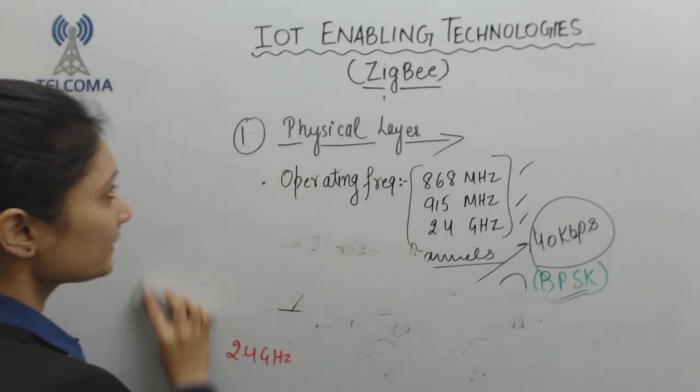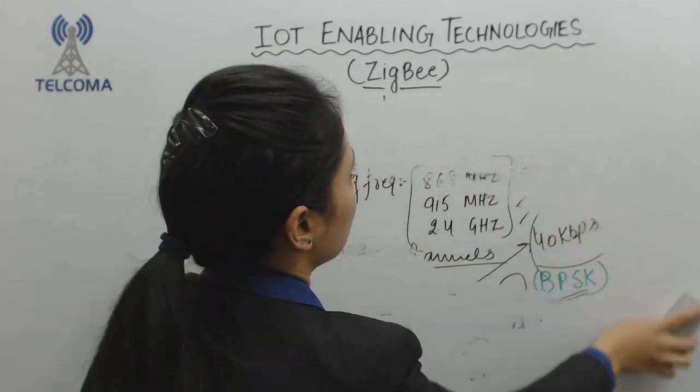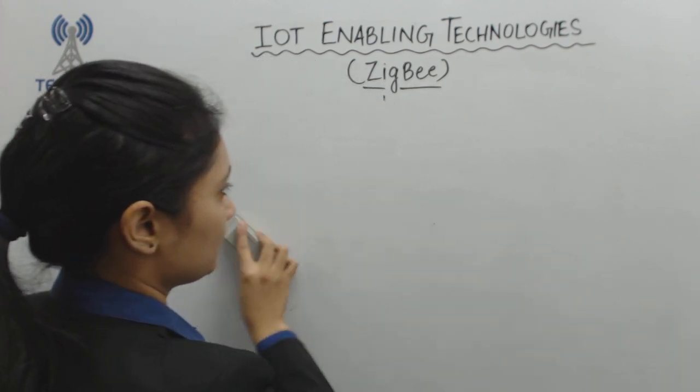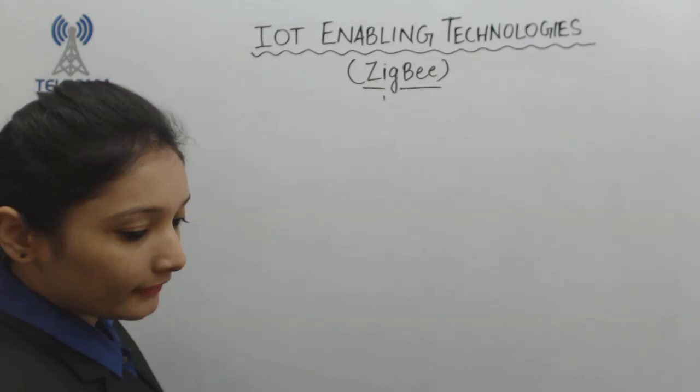Now after the physical layer, we have the data link layer.